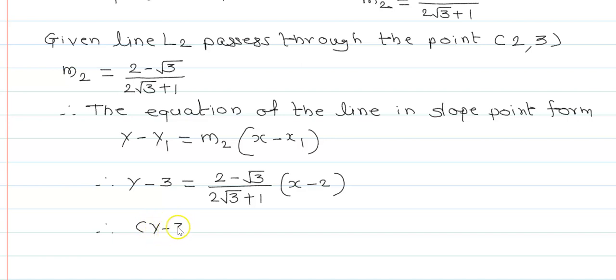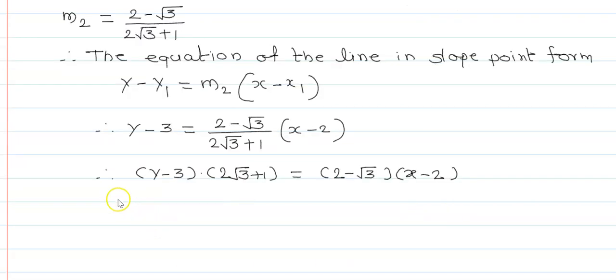Y minus 3 into in bracket 2 root 3 plus 1 multiplied with y minus 3, and that's equals to in bracket 2 minus root 3 into in bracket x minus 2.